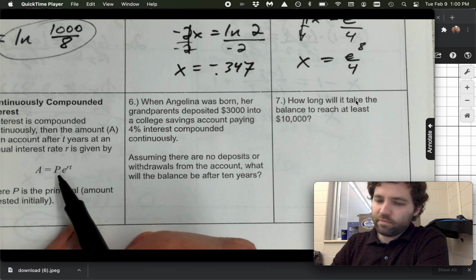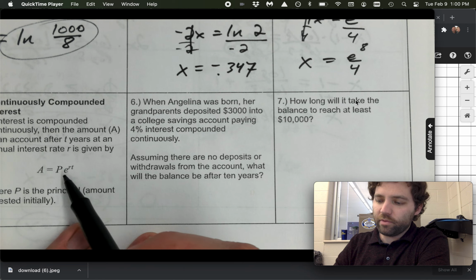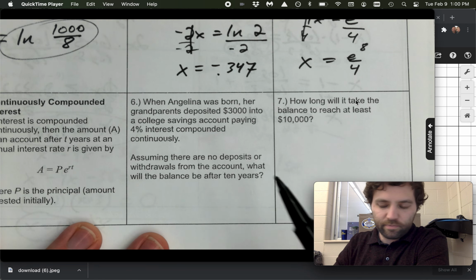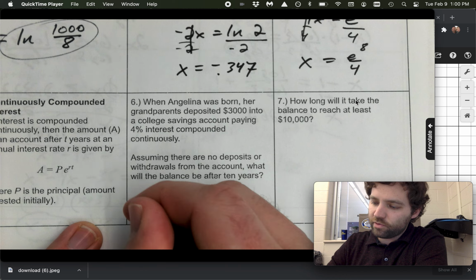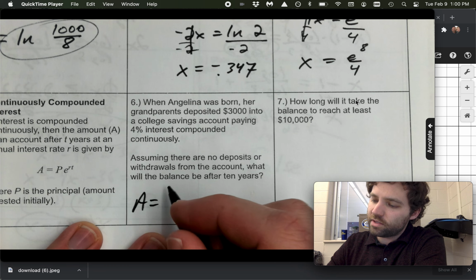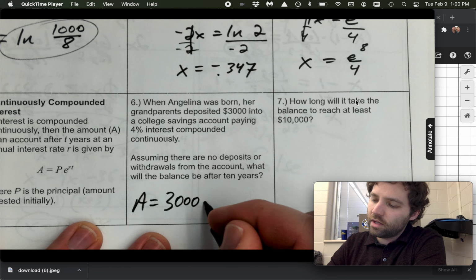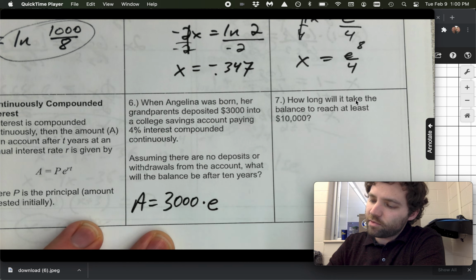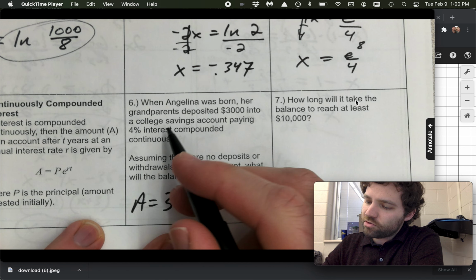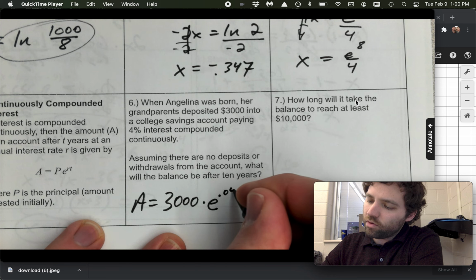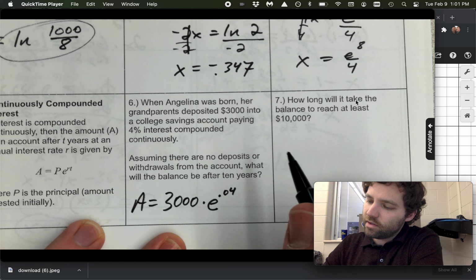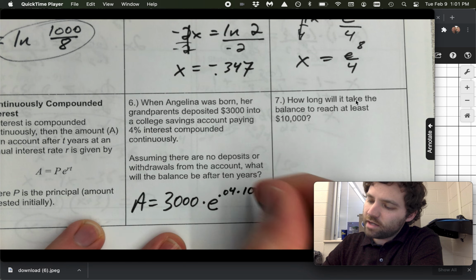So we need to set this up using what we sometimes call the PERT formula, P-E-R-T. The continuously compounded interest formula looks like this. A equals P, which is the principal, so 3,000, times e, which is just a number, remember, raised to the rt. The interest rate is 4%, so 0.04, times the amount of time we want to know, so times 10.